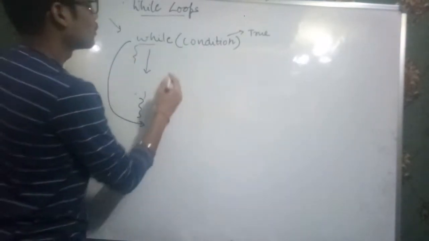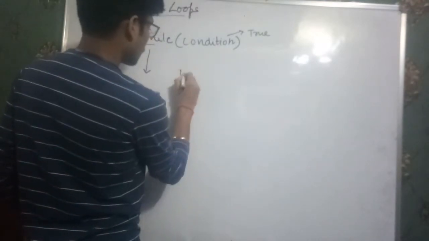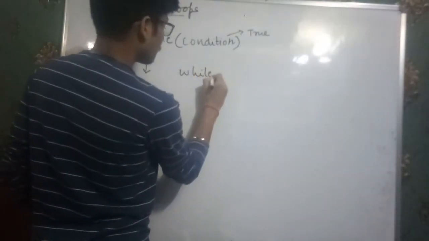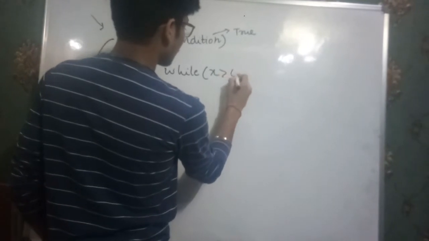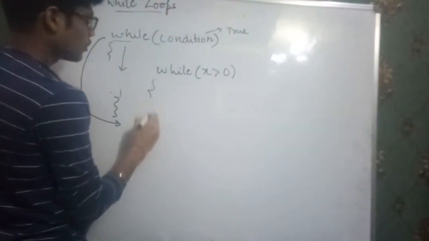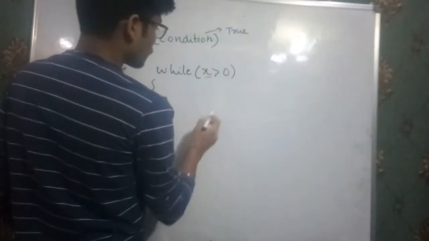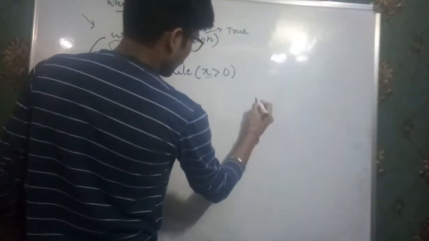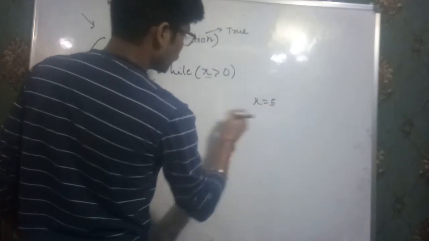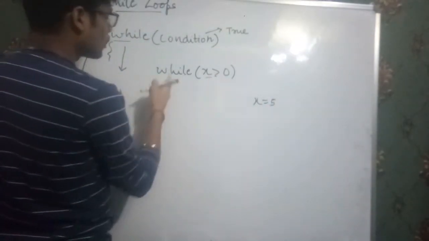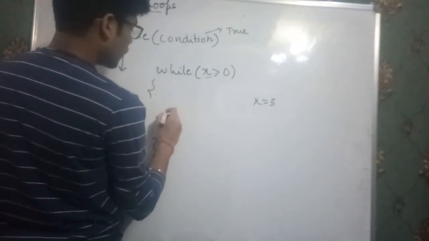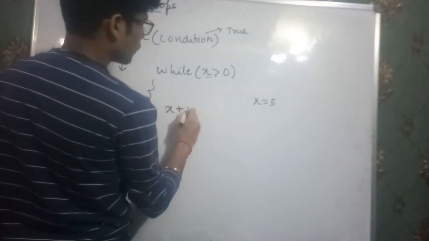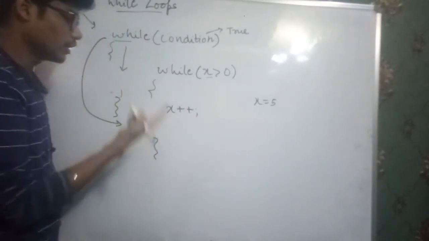For example, say we have the condition while x is greater than 0. Here x is a variable, which we have discussed before. Say x is 5. If 5 is greater than 0, then it will come inside and execute x plus plus, something like that.